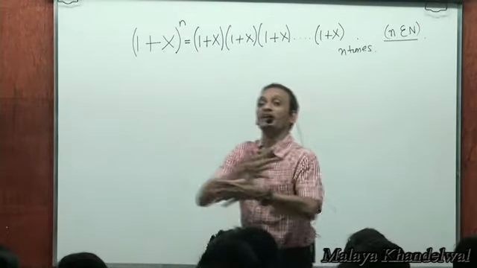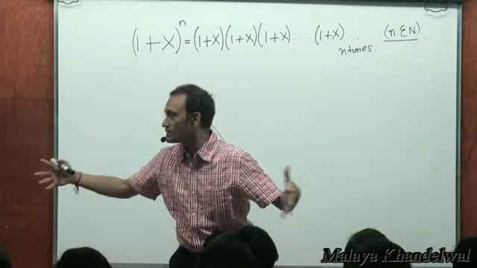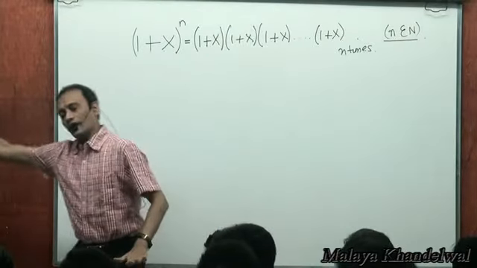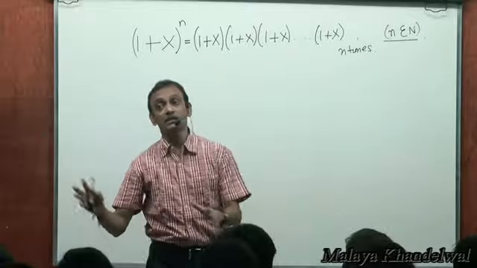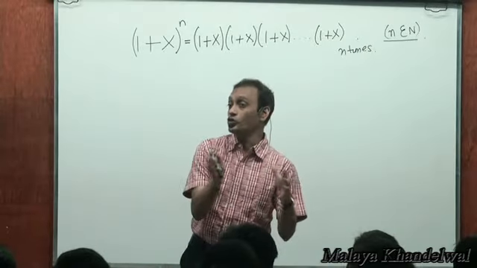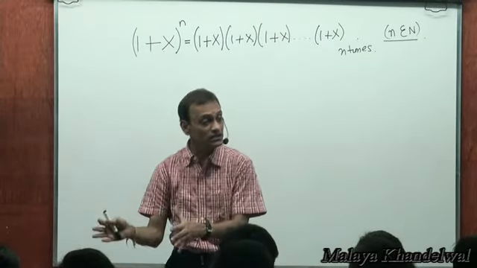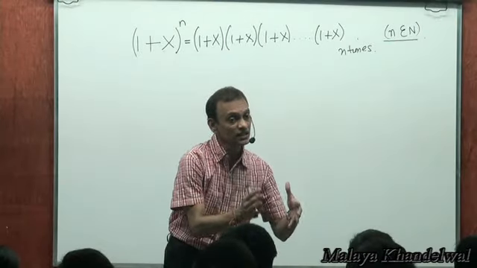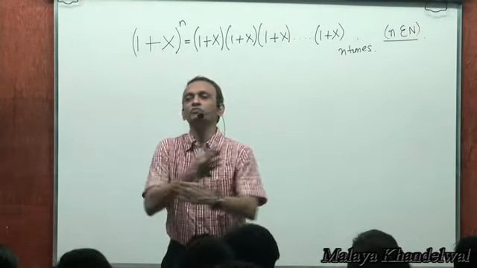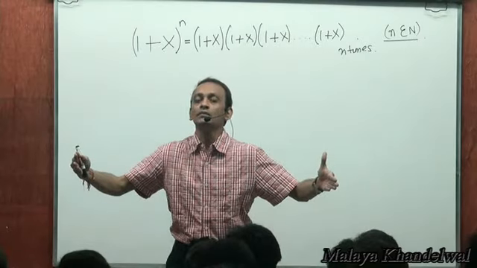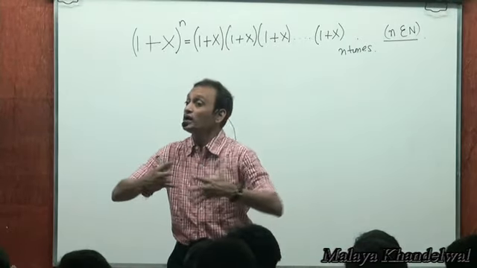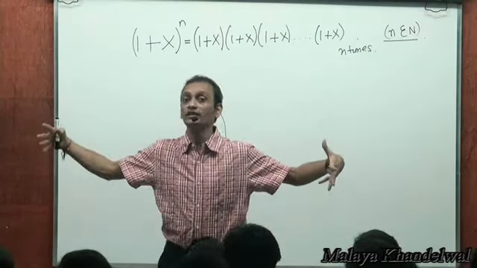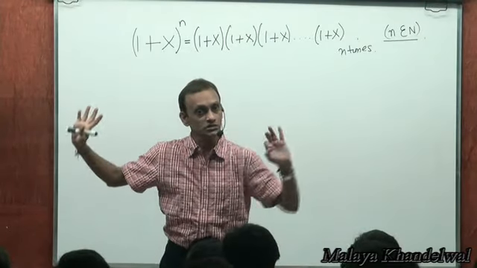That means when I expand this, I'll have powers of x starting from 0 all the way to n. That would be the spectrum of terms made available when I multiply all the n terms in this, right?